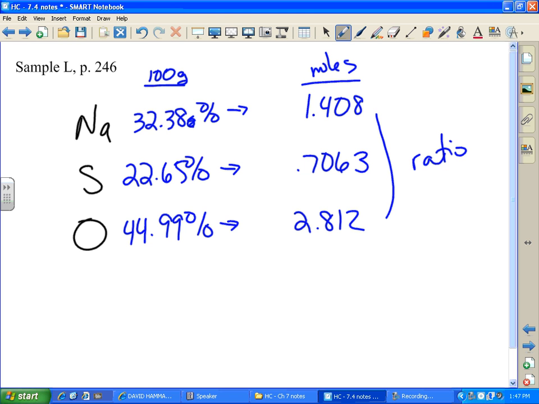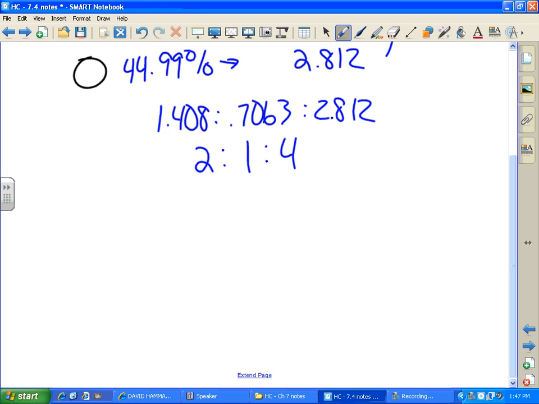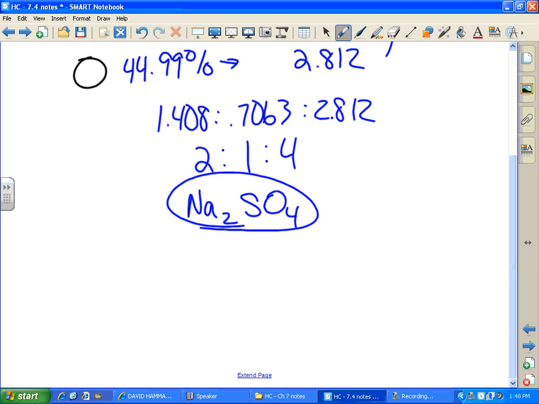That's not our actual formula, but hopefully everybody can see 1.408 to 0.7063 to 2.812. From these numbers, you might be able to see the relationship 1.4 to 0.7 to 2.8 and realize we have a 2 to 1 to 4 ratio. Therefore, our final formula is Na2SO4. And again, you can see that followed through there on page 246.